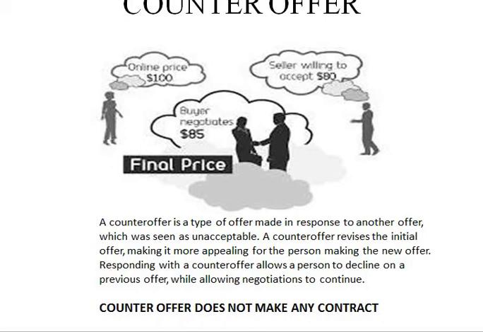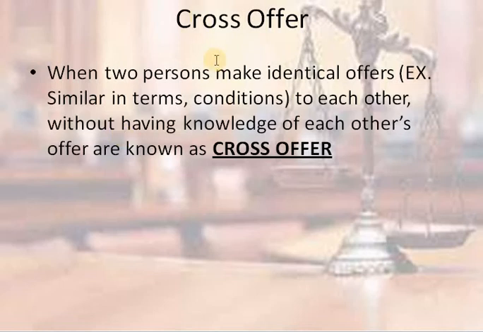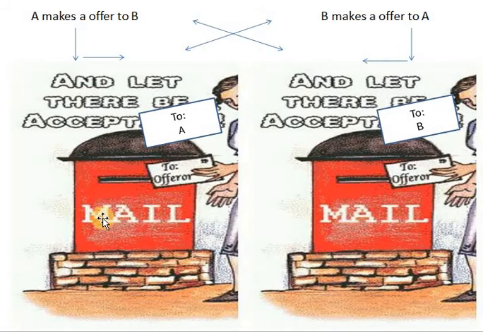Next, we discuss cross offer. When two persons make identical offers, similar in terms and conditions, to each other without knowledge of the other's offer, they are known as cross offers. For example, look at the picture.